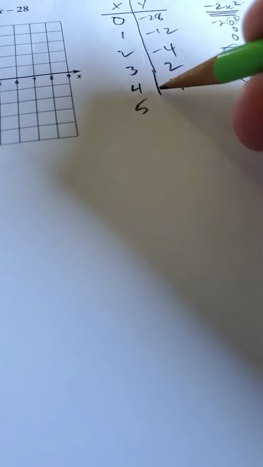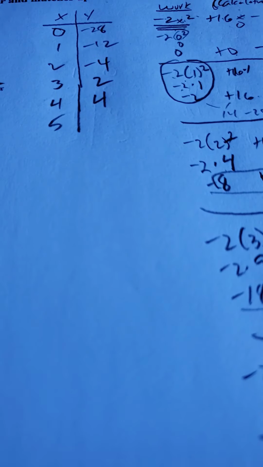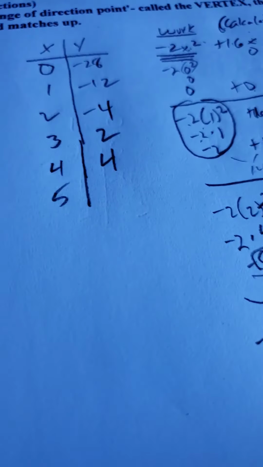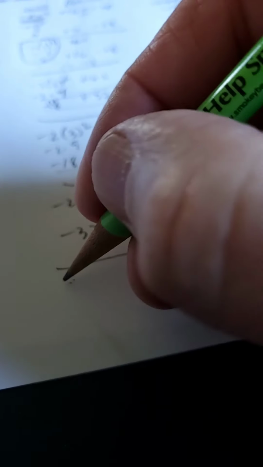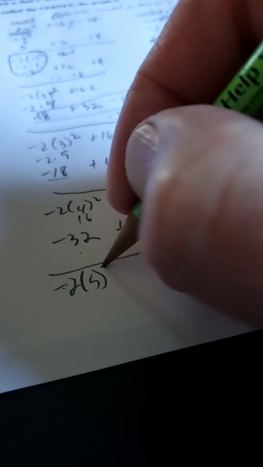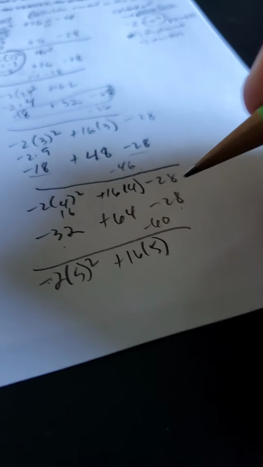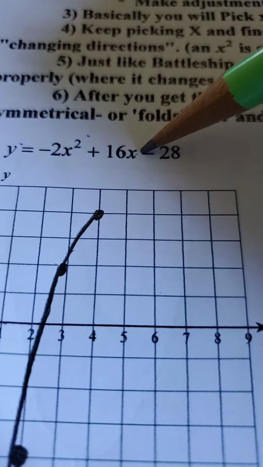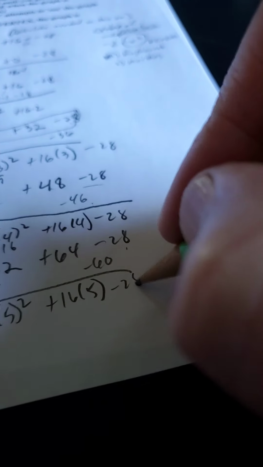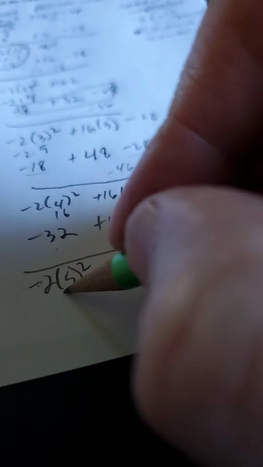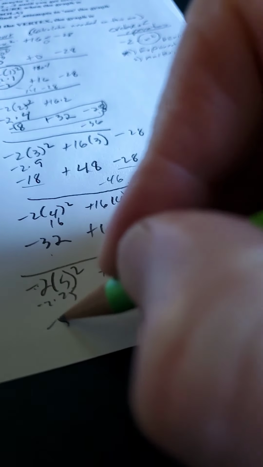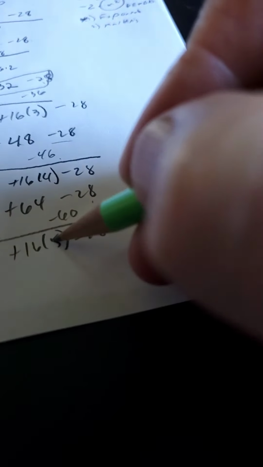I have a feeling 5 is going to give us some information we want to know here. Plug a 5 in. Negative 2. Sorry, my paper is going to start moving on me one-handed. Plug in a 5. 16 times 5 minus 28. Square first and get 25 times negative 2 is negative 50. 16 times 5 is 80.